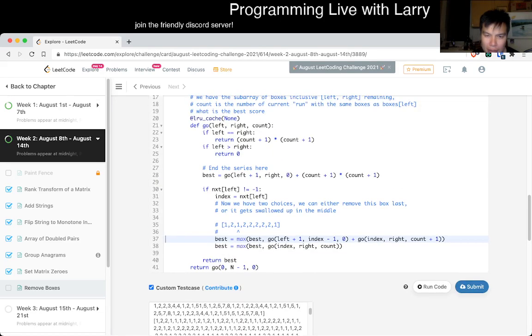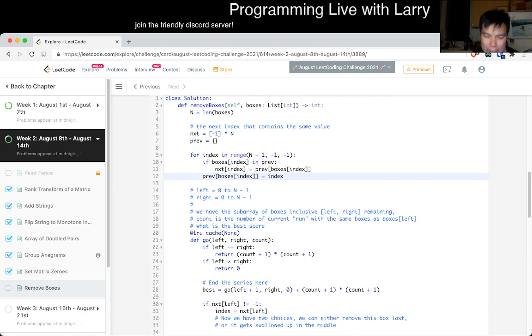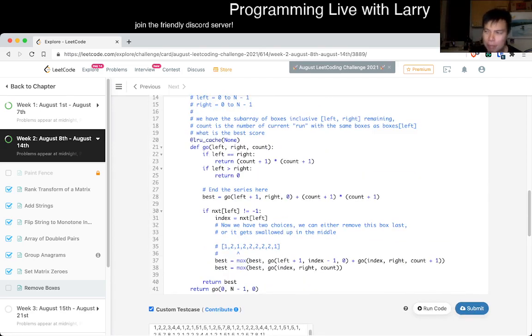All I do is just caching what that for loop is. Yeah, and this should be good.